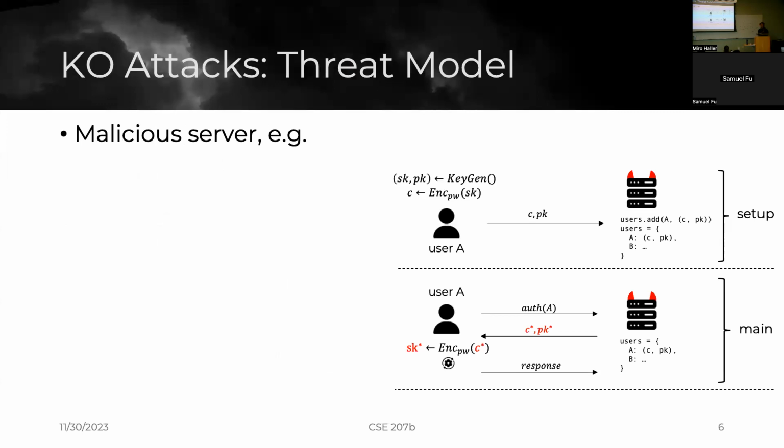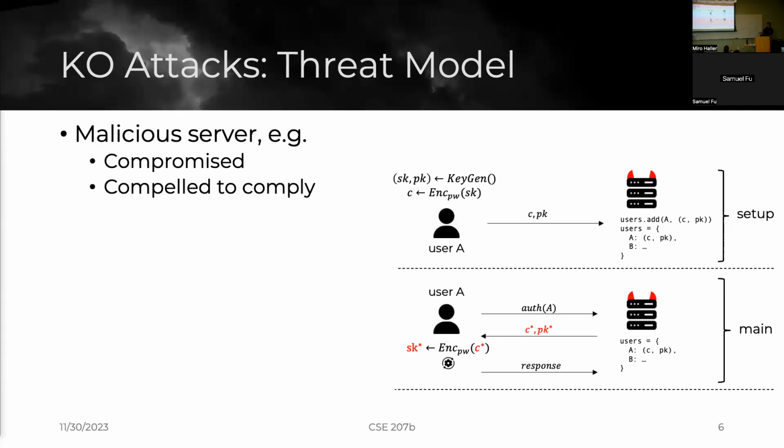And the threat model here is that the server itself is malicious. So for example, maybe you trust Google, right? Google is your server. So maybe you're wondering why could they be compromised, or why are we even looking at this setting? Or why could they be malicious? Now, one of the examples is they could be compromised. So there could be a nation state adversary, for example, that sees Google has a lot of interesting data. So they try to compromise some of their servers and then run attacks against users.